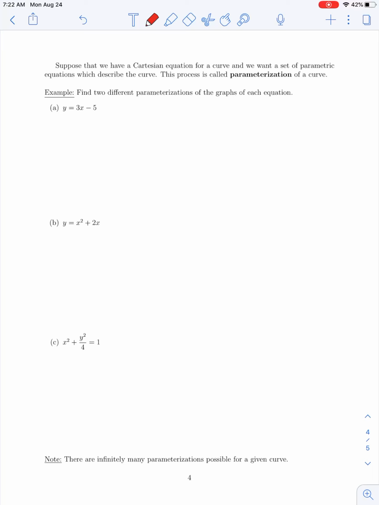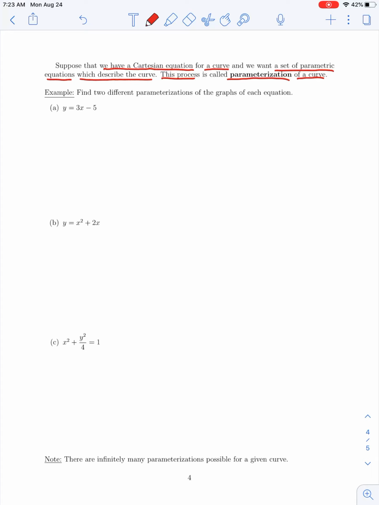And we'll see some nice applications of that later in the course. But this process of finding parametric equations to describe a curve is called parameterization of a curve. So this process, called parameterization of a curve, is where we have a Cartesian equation for some curve, and we want to find a set of parametric equations which describe that curve. So let's look at examples of this.